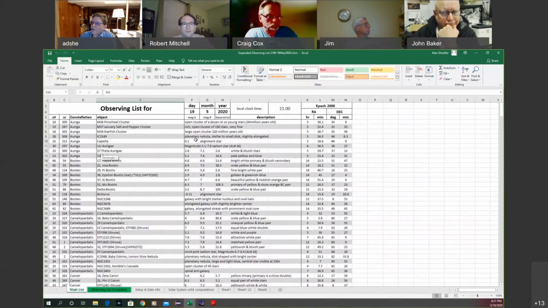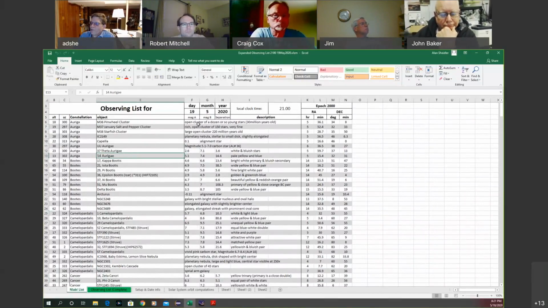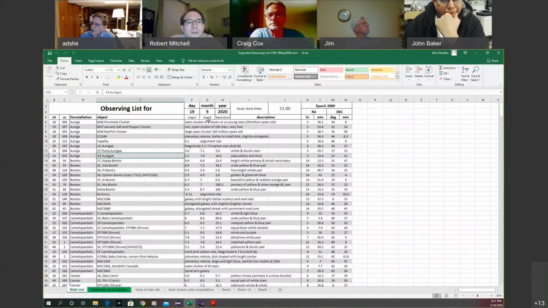If you're interested in double stars, there's got to be 150 double stars in here probably. And I show the magnitude of the doubles, magnitude A and magnitude B. Magnitude A typically is the brighter one, and magnitude B is the secondary one.